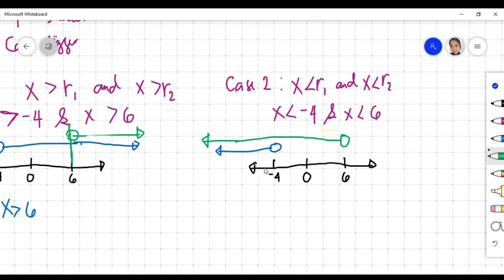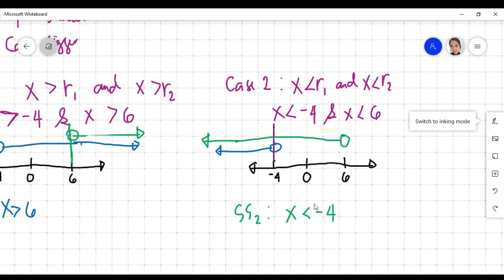Now notice on this portion, up to the left side, from this portion to the left side, these two lines will eventually join. They will intersect. So that will be our SS2. So our SS2 is the part where they intersected, which starts from here to the left side. So x less than negative 4.